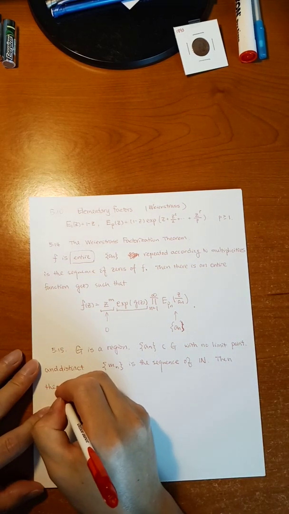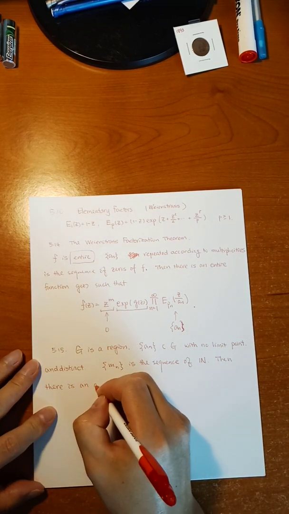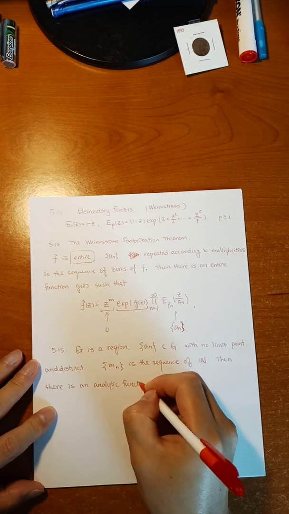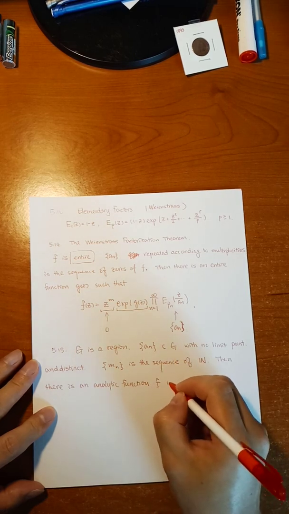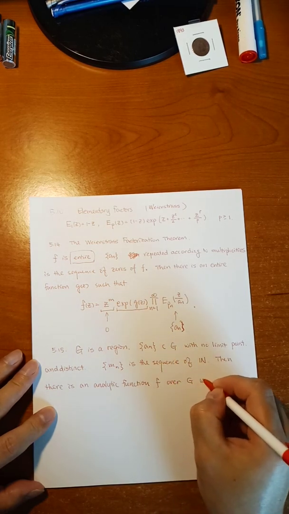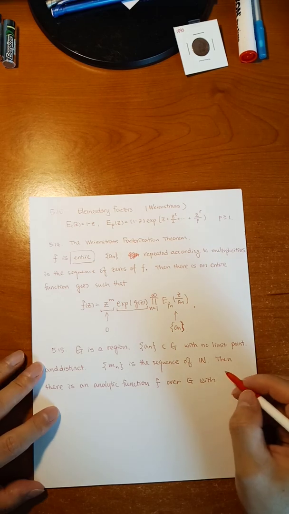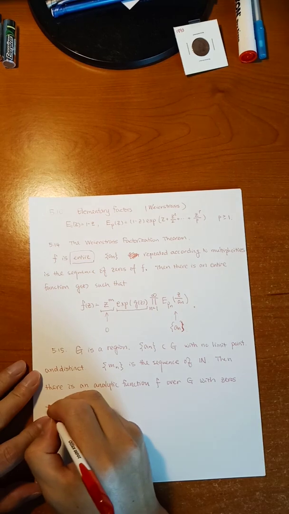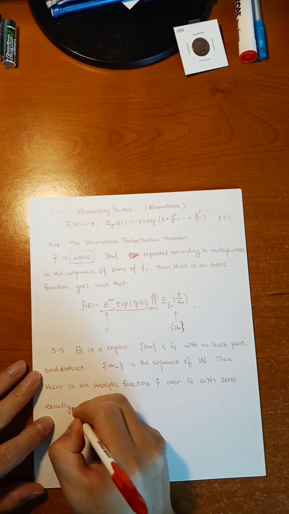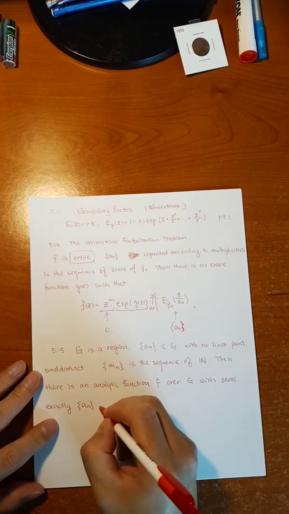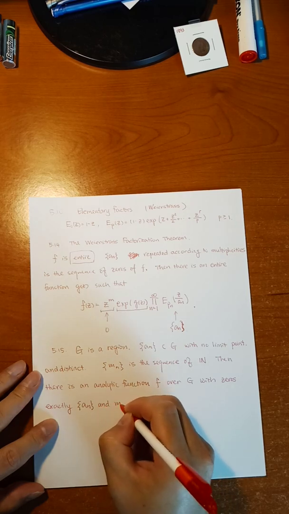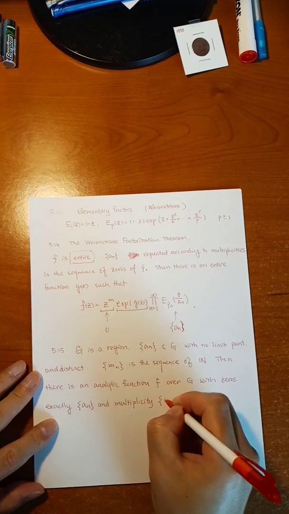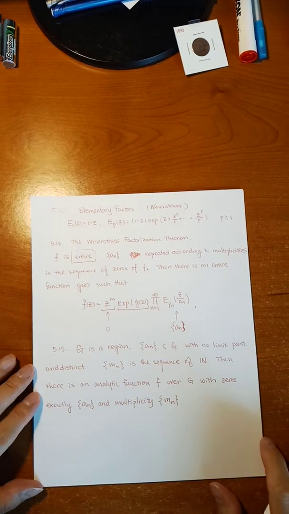Then there is an analytic function f on G with zeros exactly a_n and multiplicity m_n.